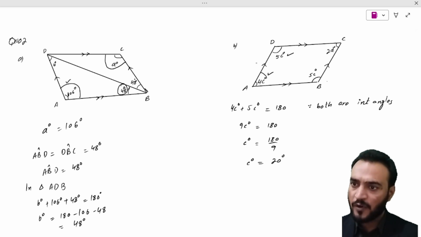So both these angles are equal. We have to find the value of D degree.